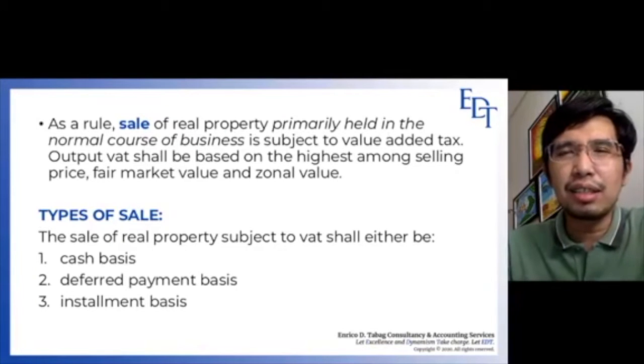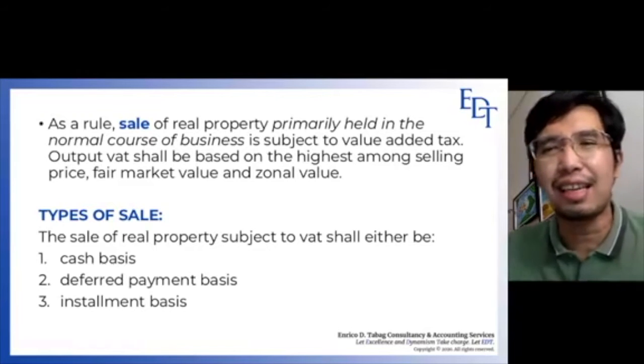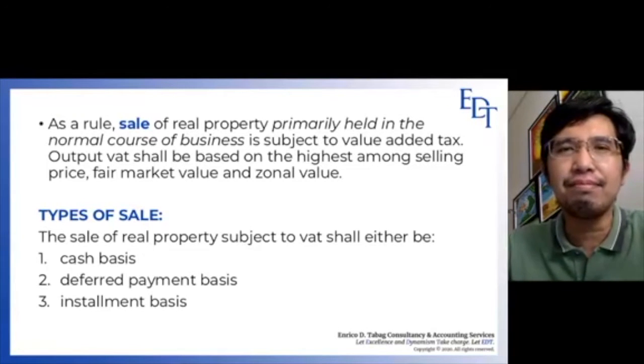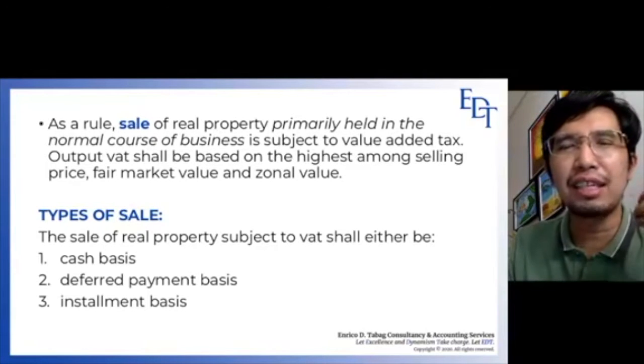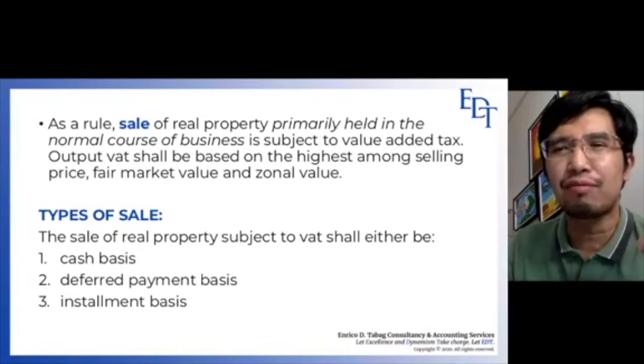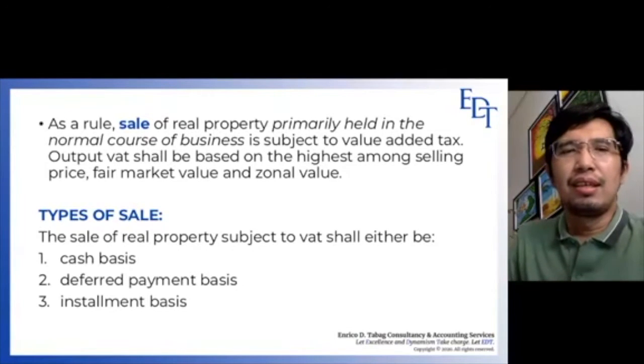The answer to that is, anong klaseng sale ba yan? Kasi kung cash sale yan, i-report natin lahat-lahat yung buong output VAT niyan during the month of the sale, 12% of the selling price, zonal, or fair market value as previously discussed a while ago. Okay?